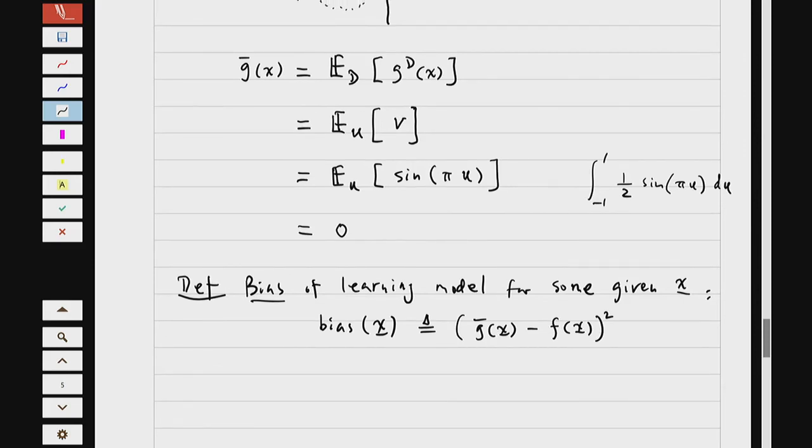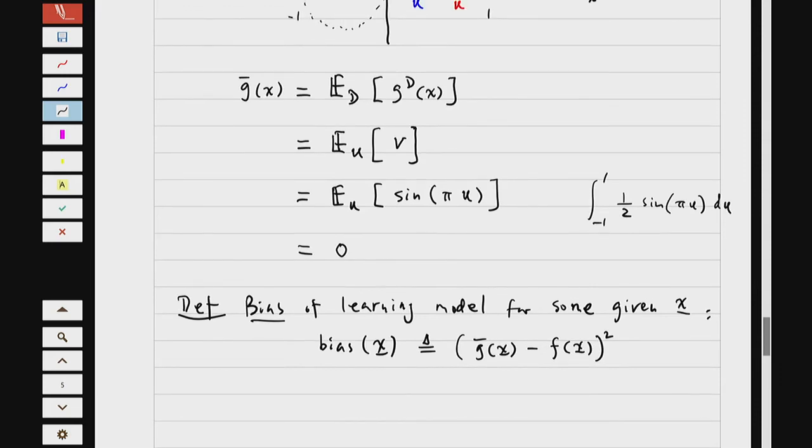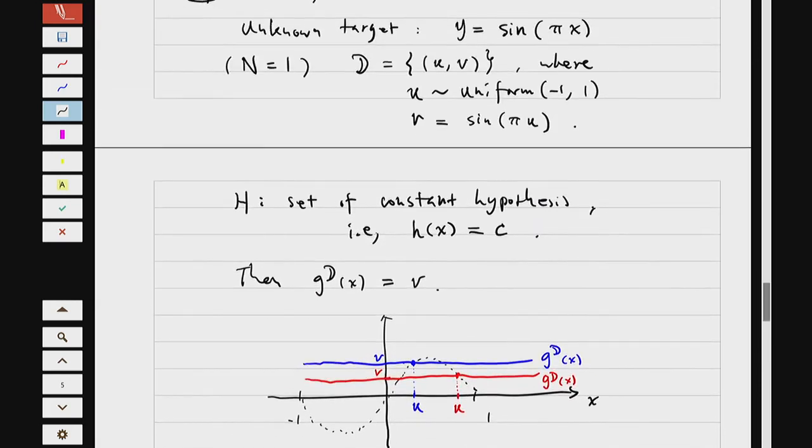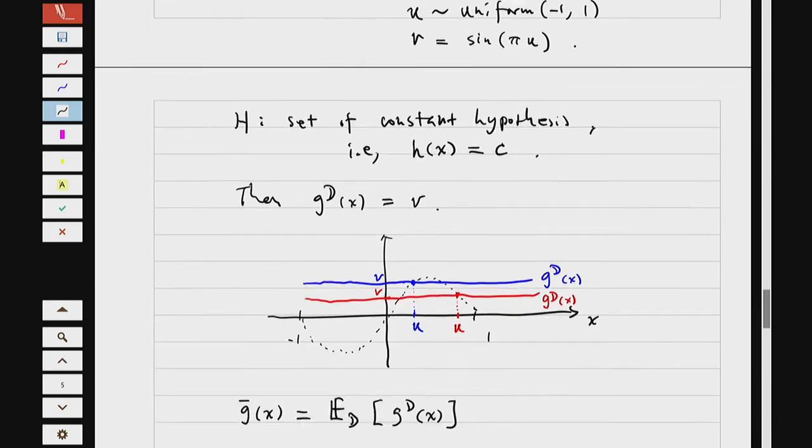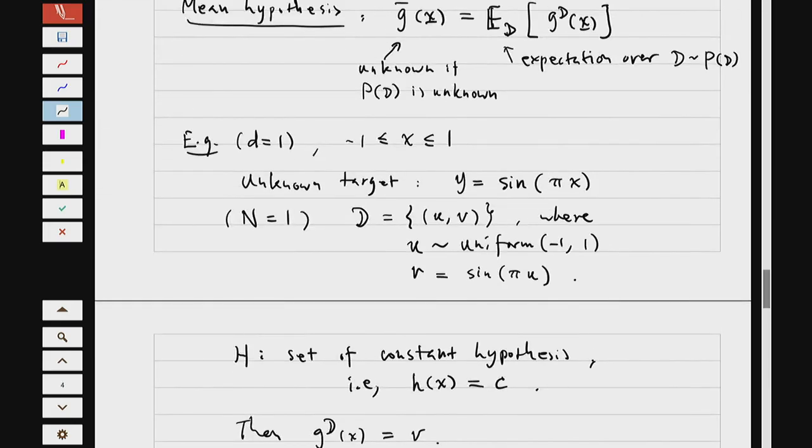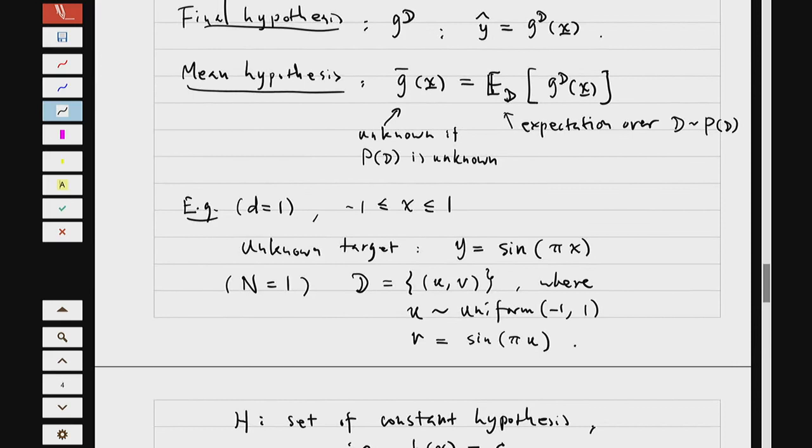Sorry, for finding the expectation value, how do we know that V is sine of pi U? Oh, because V is the true label. V is given to you. Yes, but the machine does not know the target. The machine does not know, but we know mathematically this is true. As I said, this G bar is unknown to the machine.